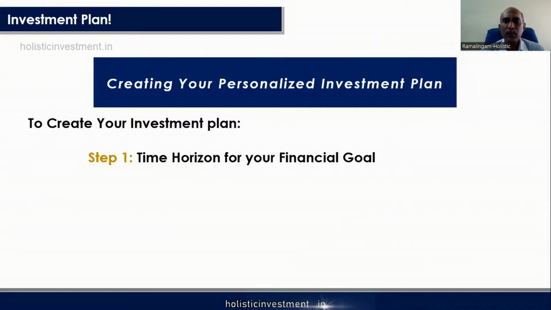Step 1: identify the time horizon for your financial goal. If you are saving money for your kids' future, your retirement, buying a car or buying property, how many years from now are you going to achieve that goal? This is the step number 1 question you have to answer.